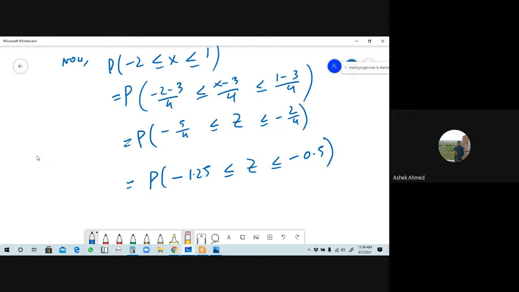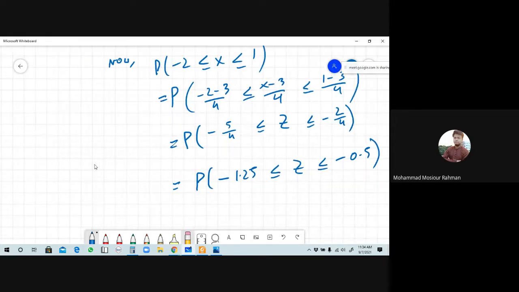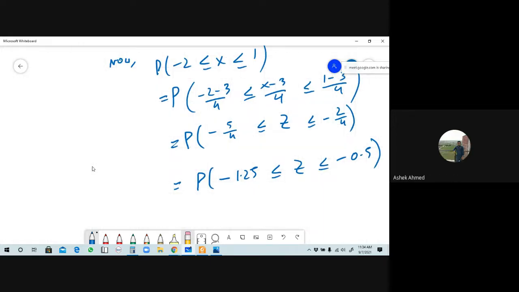Tell me, if this is an inequality, and this is a real line, in this real line if you consider 2 points, this is a point, this is a point.